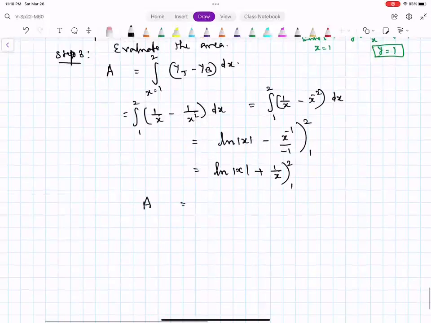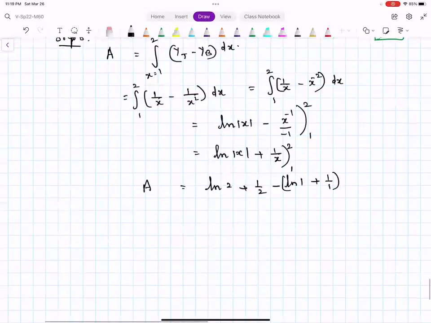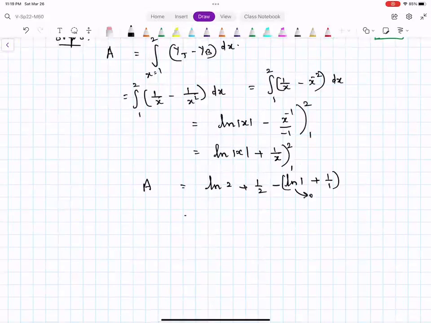So it will be ln of 2 plus 1 over 2 minus ln of 1 plus 1 over 1. Ln 1 is 0. So you get ln 2 plus 1 half minus 1, which is ln 2 minus 1 half.